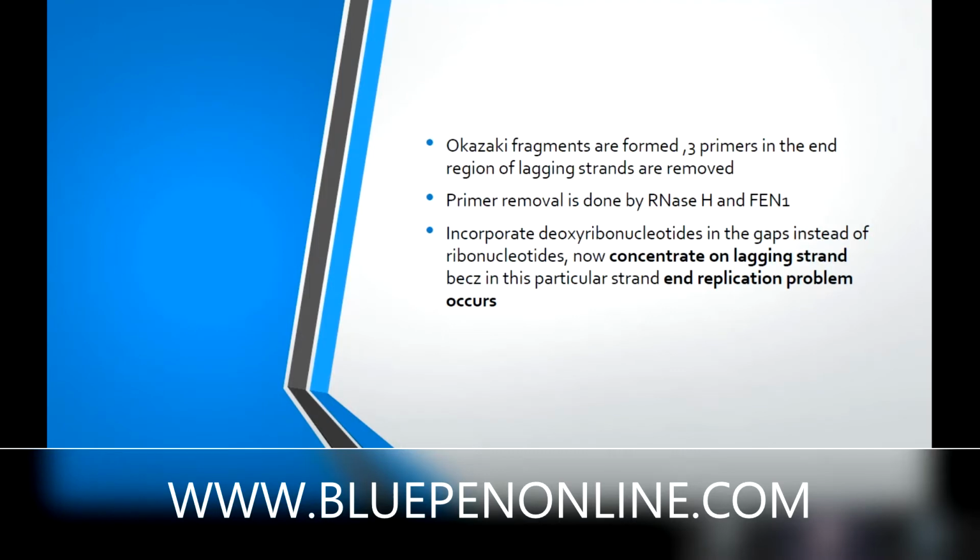After the synthesis of Okazaki fragments and the leading strand, the primer is removed, and the primer-removed portion is filled by DNA polymerase. Then nick joining is done by DNA ligase. In the case of Okazaki fragments, DNA polymerase synthesizes and there is a nick, and the joining of the nick is done by DNA ligase.